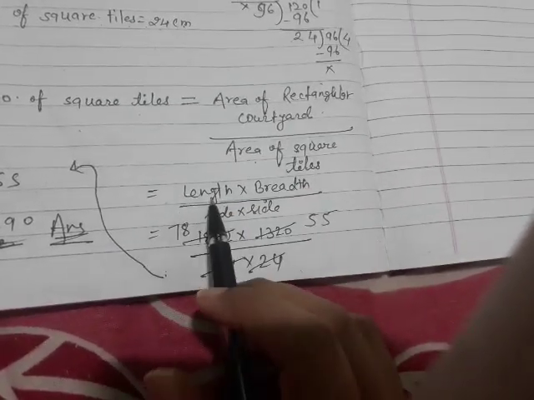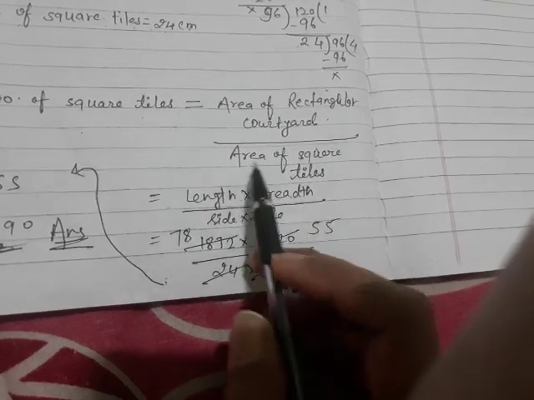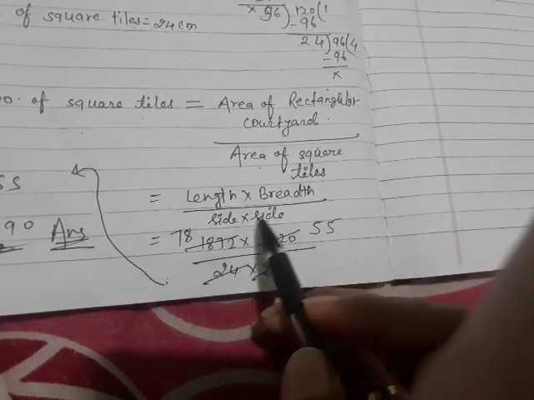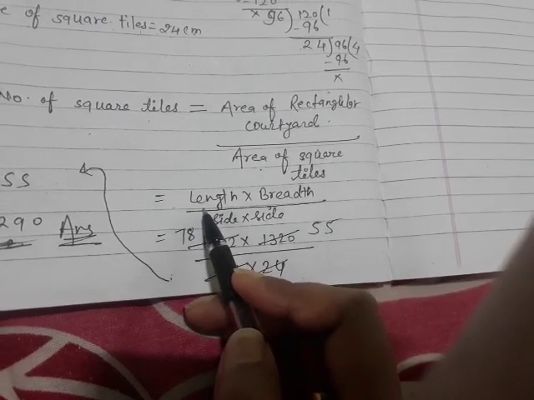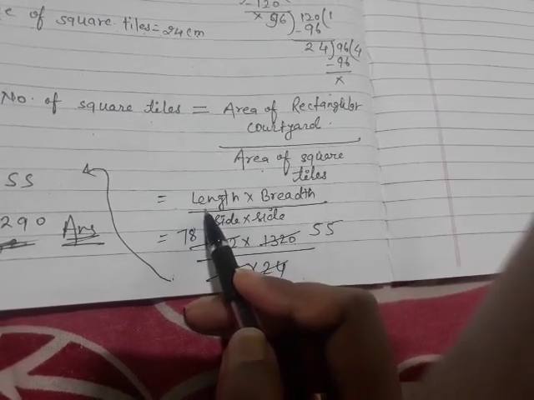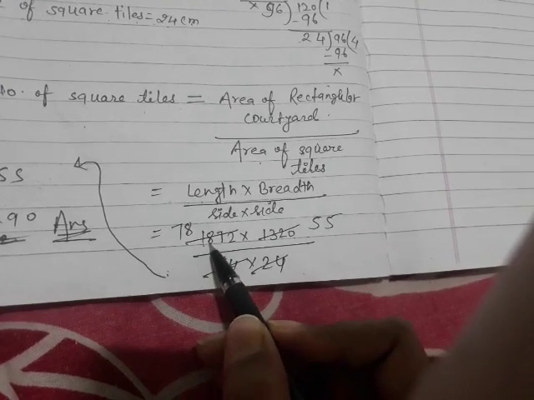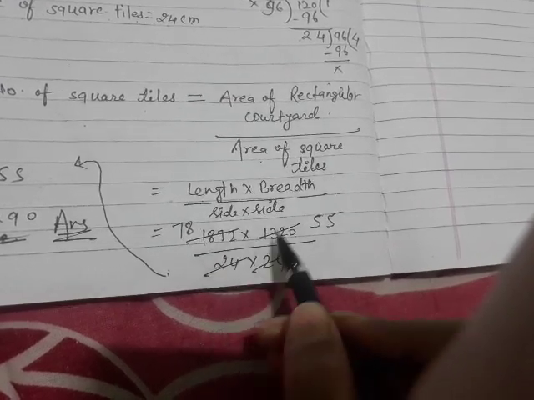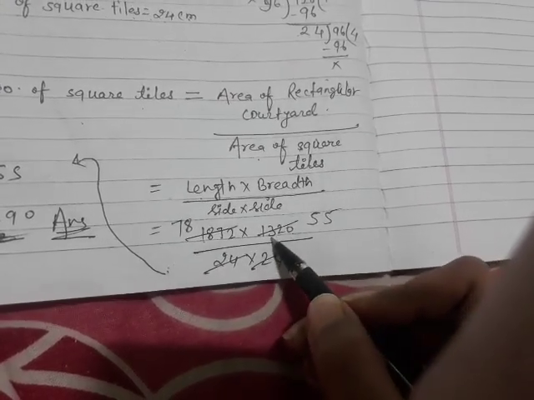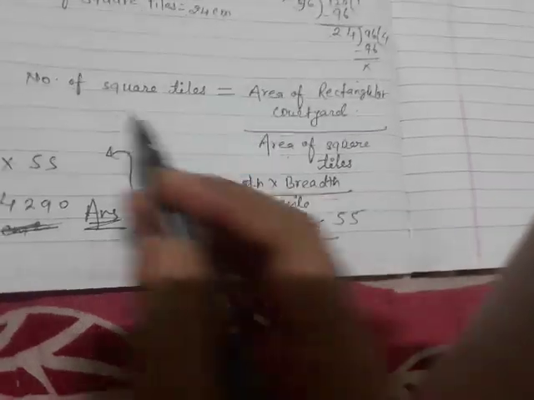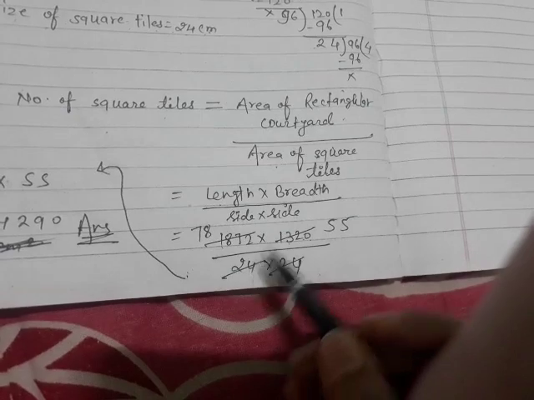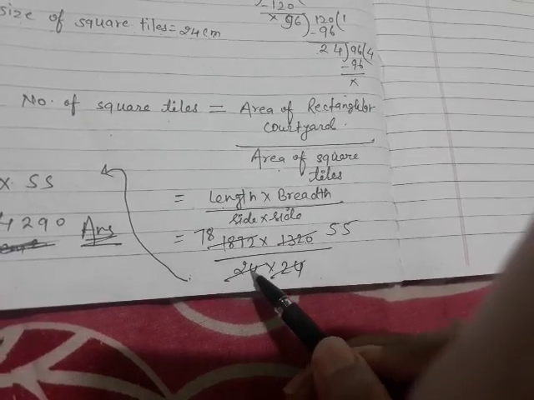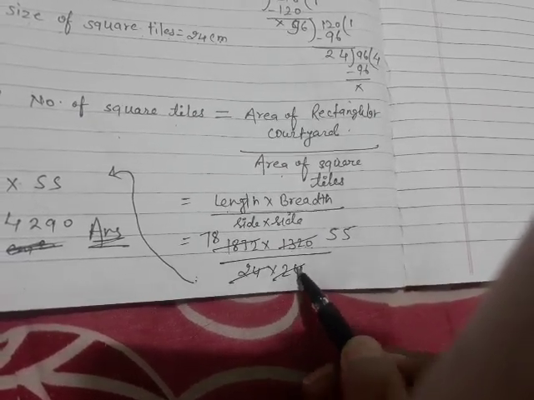Area of a rectangle is length times breadth, and area of a square is side times side. The length is 1872 centimeter, the breadth is 1320 centimeter, and the size of the square tile is 24 centimeter, so the area of a square is 24 multiplied by 24.